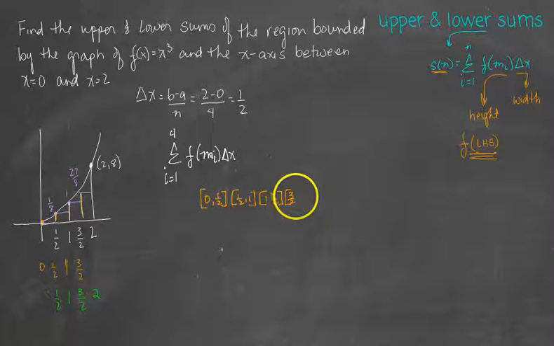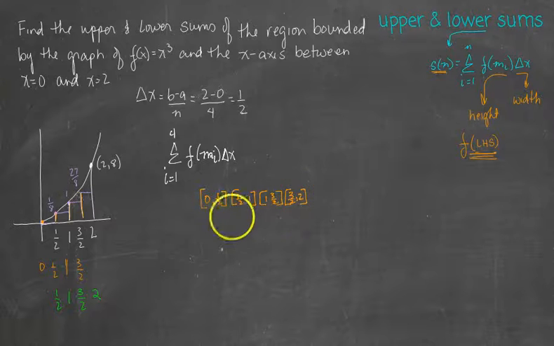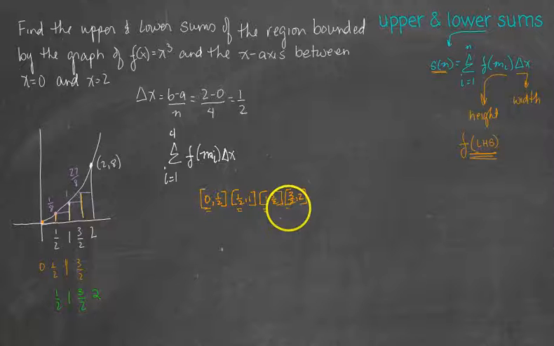So these are the intervals for each of the partitions. And because it's the right-hand side, I'm going to take the right-hand value in each case and put together my sum.